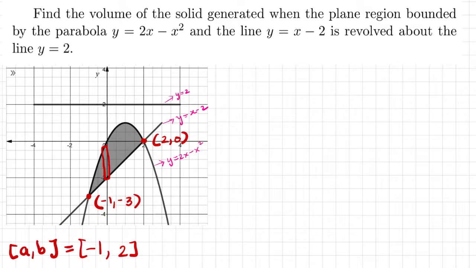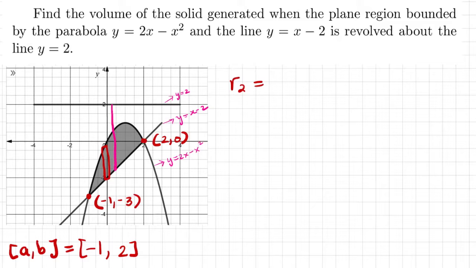So next, let's set up R2, or the distance of the farther tip of the rectangle to the axis of revolution. So as you can see here, this is our farther tip. So if we draw a line from this going to the axis of revolution, that will serve as your R2.